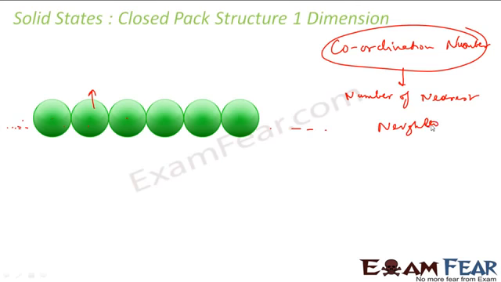This number of nearest neighbors will tell you the coordination. For example, in this case, you take 1 particle, there are 2 neighbors, so the coordination number is 2. If you take this one also, there are 2 nearest neighbors. So in the 1 dimension case, the coordination number is always 2.